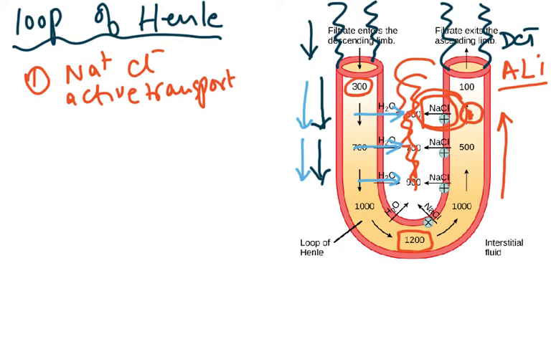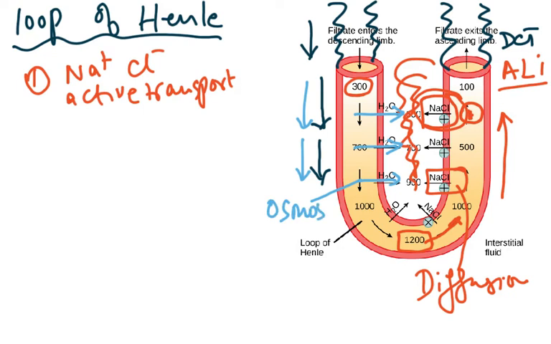As it rounds the bend here, now sodium and chloride is going to diffuse out. So here it's diffusion. Here water is moving out by osmosis. And here sodium and chloride is moving out by active transport.